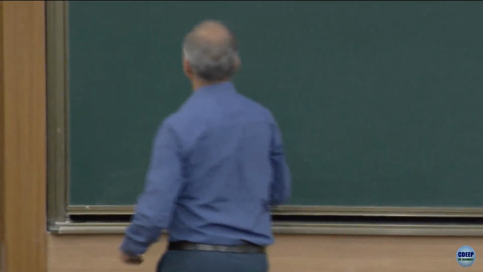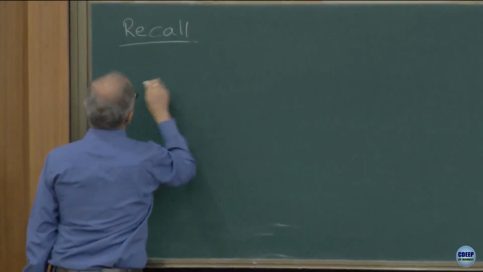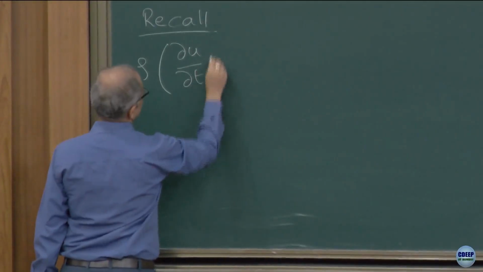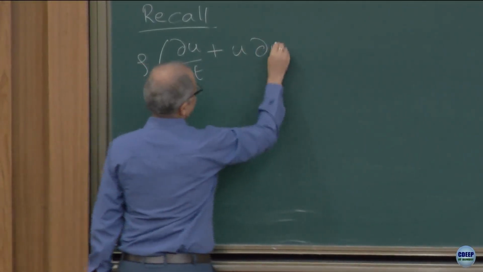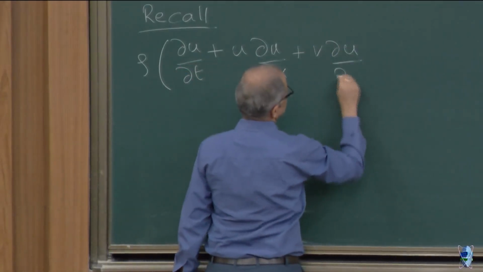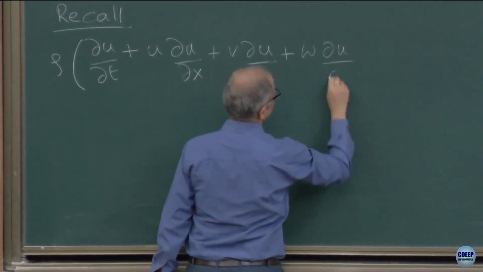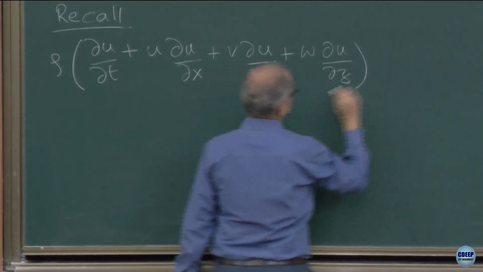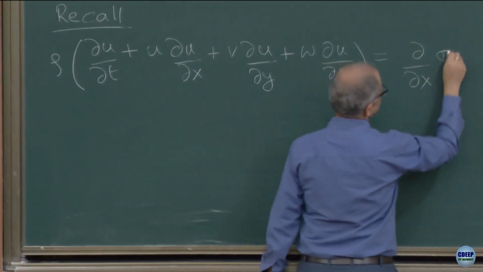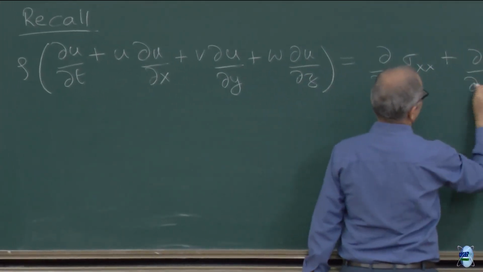So we can start by recalling a few things. Recall that we had derived our Cauchy's equation. If I try to write out the x momentum equation, these are the terms that we have, is equal to, and we saw that this equation is written in terms of derivatives of stresses on the right hand side.